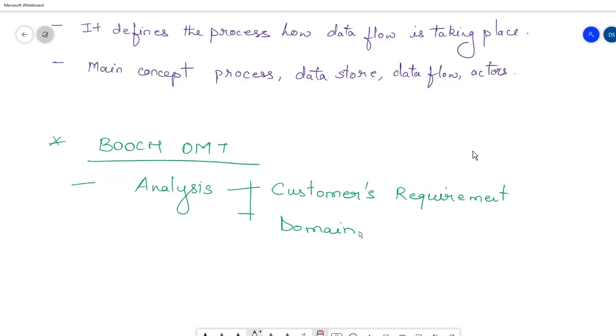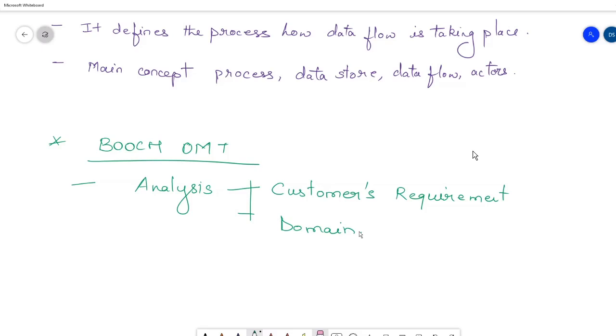Okay, we'll get an idea what is the purpose of designing this particular project, and what is the idea behind this. Okay, so the customer requirement step is the important one in Booch's technique, which would give us the information required to proceed, and the requirements of the customer, what he actually wants from us.